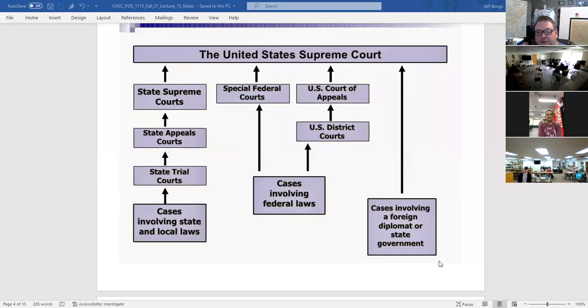I guess I'll say state. Am I wrong? State level. Since it involves two teams that are from different states, I would guess that it would start in one of these lower federal courts. I'm not sure on that, so if you want to look that up and share with us on Friday, that would be a good little exercise.